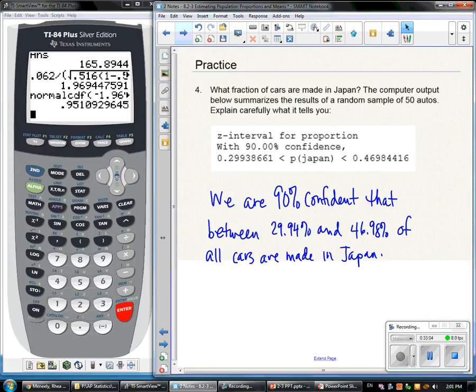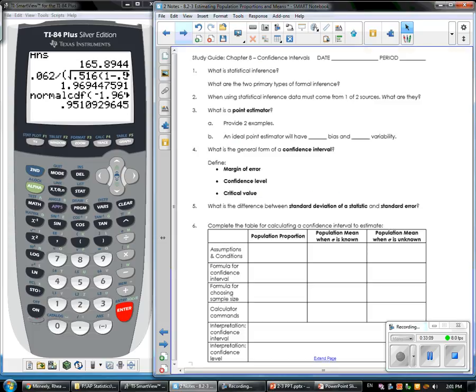Okay. So what I'd like you to do now is, if someone could grab the study guides for this chapter. I kind of wanted to wait until we covered enough material that it would make sense to start filling this in. But to wrap up the lesson, I'd like you to look over your notes from last class and today, and answer questions 1 through 5.